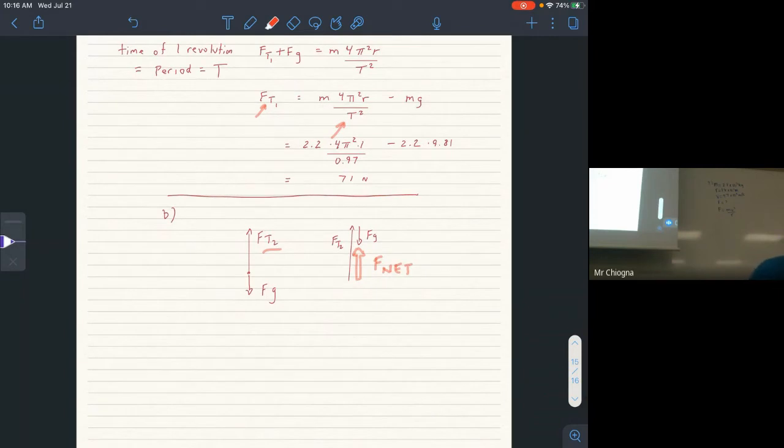Okay, so F net is equal to FC, which is equal to FT2, not plus anymore, minus. Because it acts in the opposite direction, it's going to give you a net force that's smaller than FT2.